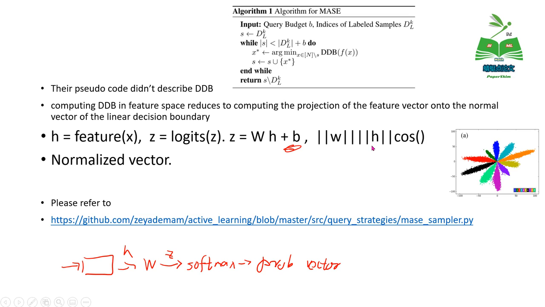Now the problem is the projection of the feature vector h onto the normal vector. So it's W h cosine theta. It's almost correct, but it should be the normal vector of the linear decision boundary. So this W should be the normal. That's my thinking. Here this is theta, and make it to be one. So it's this part.